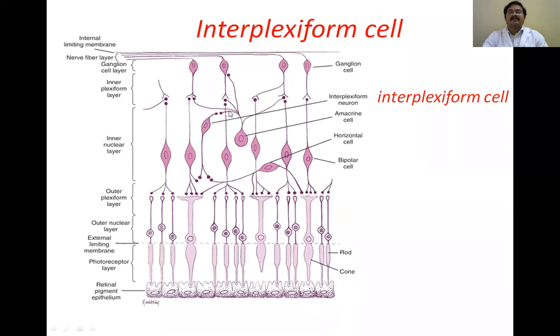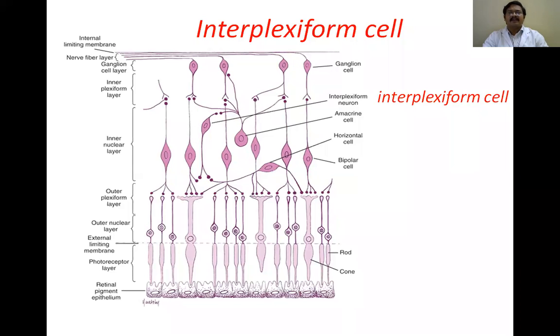It synapses with the interplexiform neurons and with the horizontal cells in the outer plexiform layer. From the inner plexiform layer, it goes to the horizontal cells present in the outer plexiform layer, and through its inhibitory action, it plays an important role in controlling the contrast of the image.